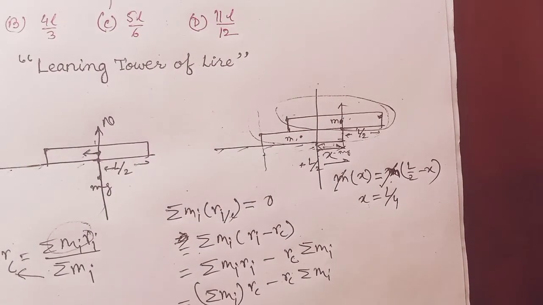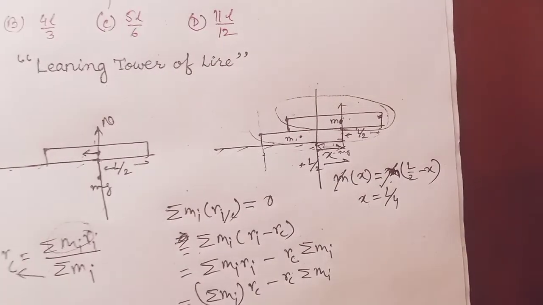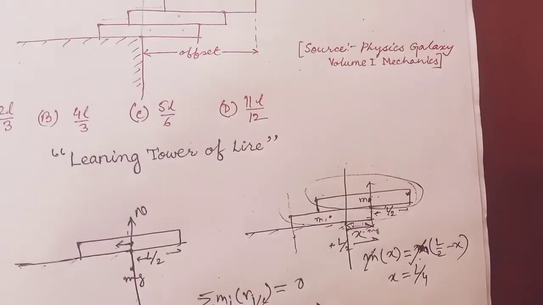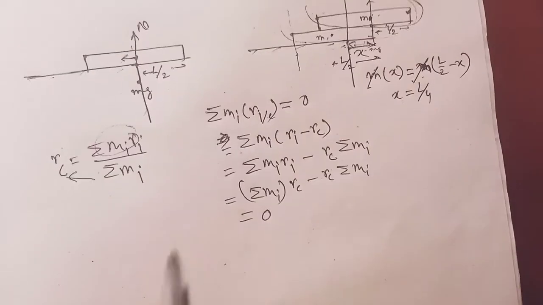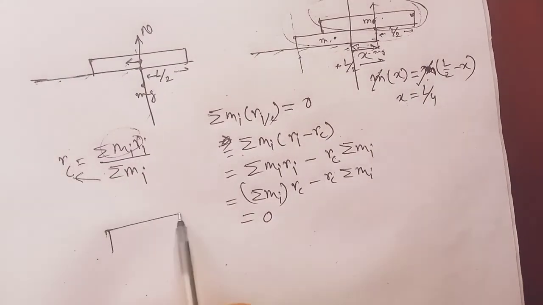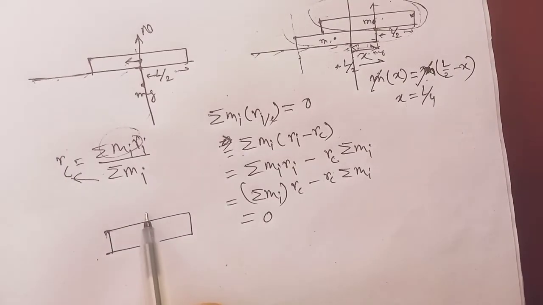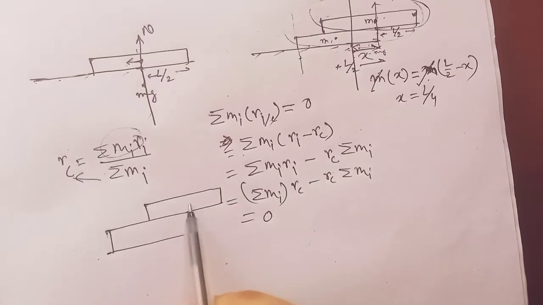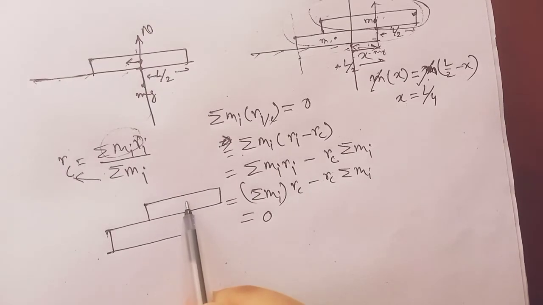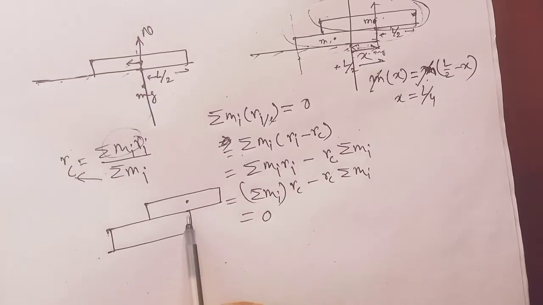Now let me explain how we can generalize this further. If we want to really create such a situation, that is, we want to balance blocks or bricks like this, what shall we do? The strategy is that first of all we will take two bricks or two blocks, and we will place the topmost block such that its center of mass coincides with this edge.